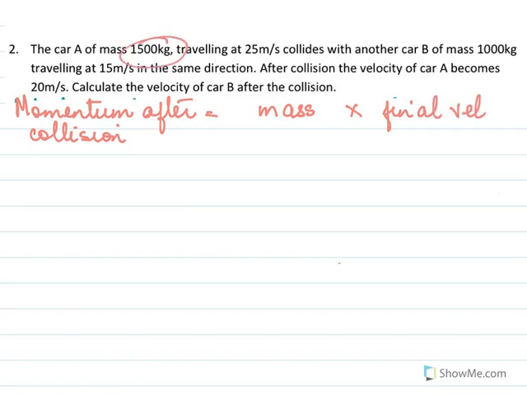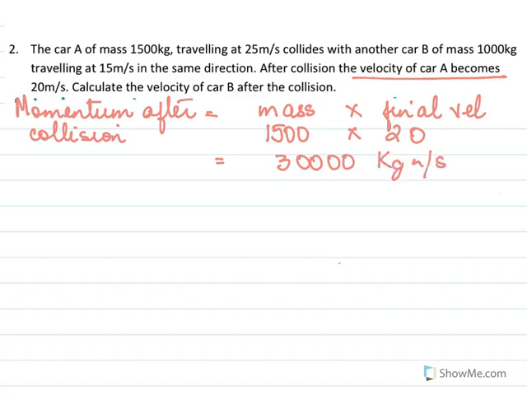We know the mass of A is 1500. And after collision we see the velocity of A becomes 20 meter per second. So this is into 20. So when you multiply this, you get 30,000 kg meter per second.